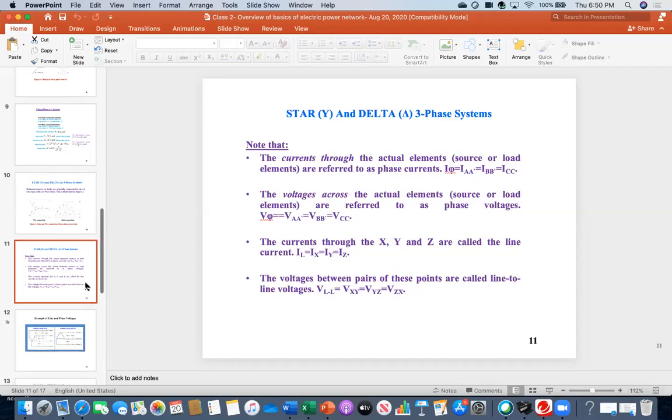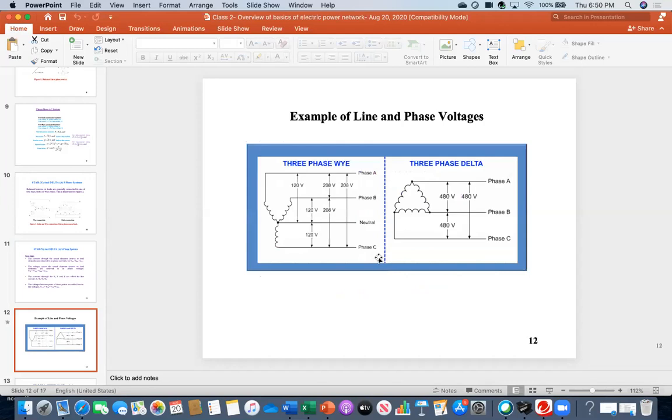So now see this example I was telling. On the left side is the three-phase Y connection. This is one coil, this is another coil, this is another coil, and this is the neutral line. See the arrangement. When I measure the voltage between the neutral line and any phase, I get 120 volt.